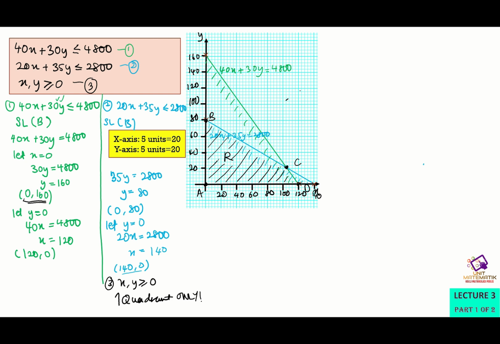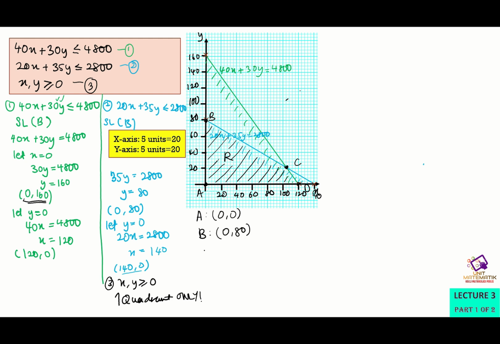So it is useless to compute for this point. So now let's find 4 points. Just denote A, just 0, 0. And then for point B, we can read it from your graph, where the point B is 0, 80.